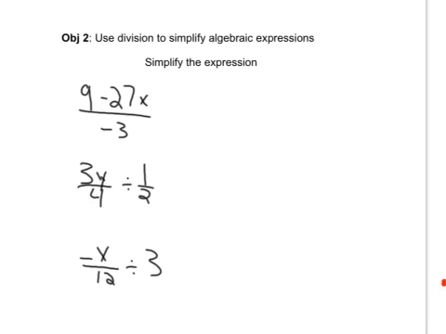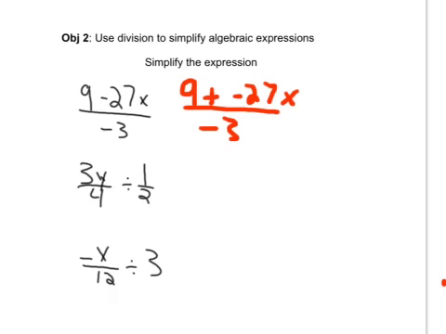So it changes to 9 plus negative 27x all over negative 3. Now again, we got two terms here, 9 and negative 27x, and they're separated by a plus sign.